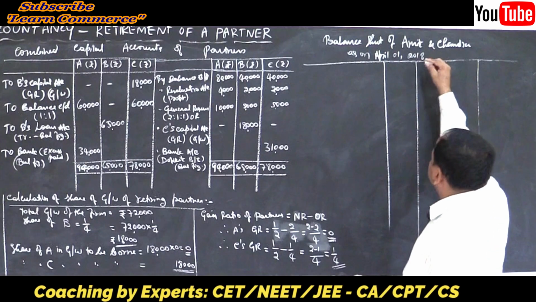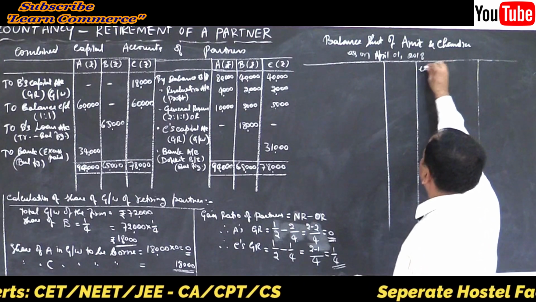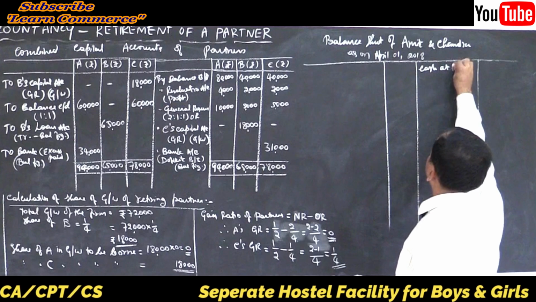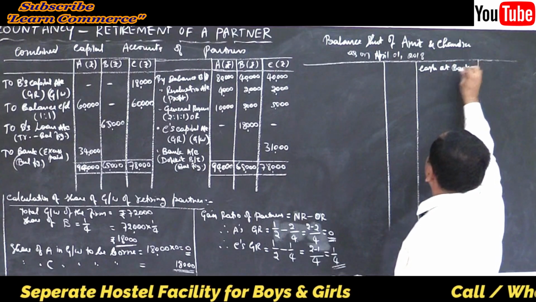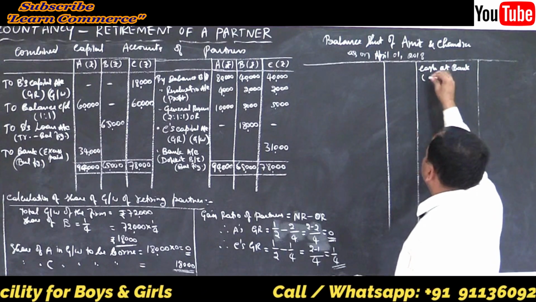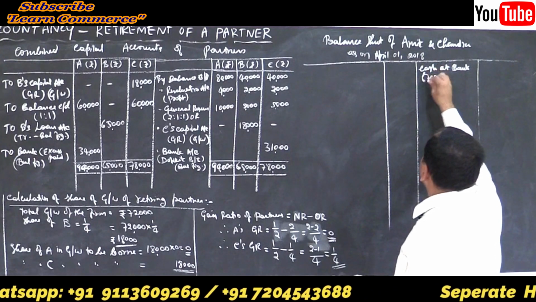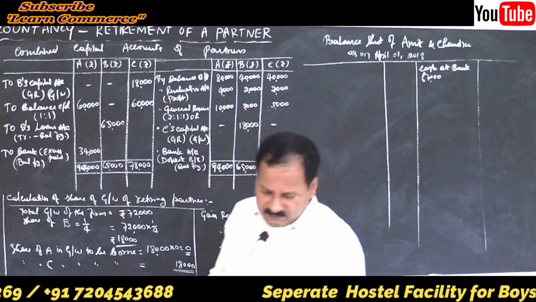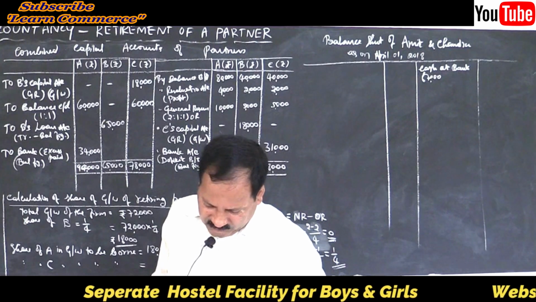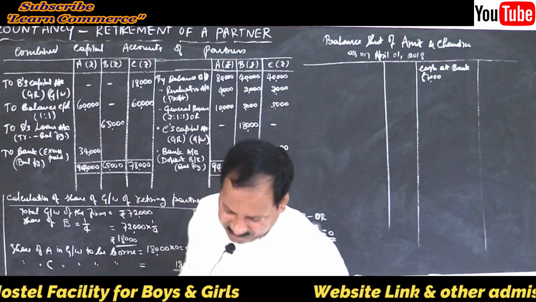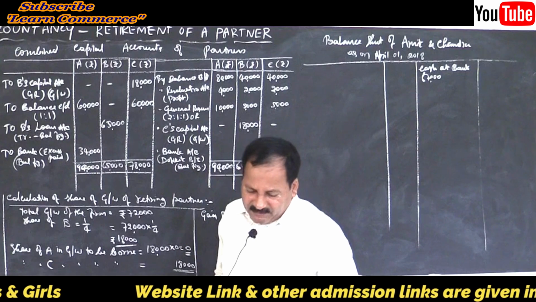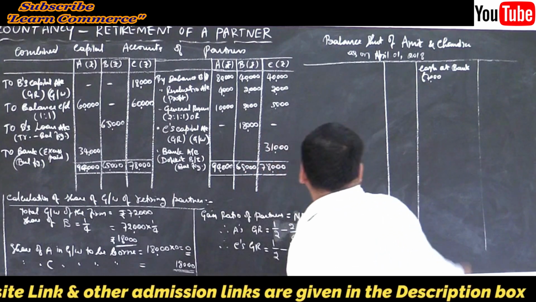Start with cash at bank. Cash in hand is not there. Cash at bank. Refer balance sheet. I think opening balance was 7,000 if I am not wrong. No, 14,000, I'm sorry. 14,000 is the opening balance of cash.